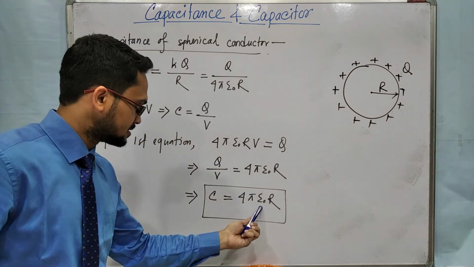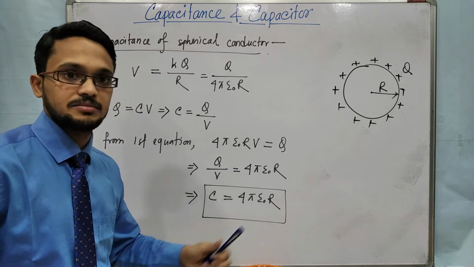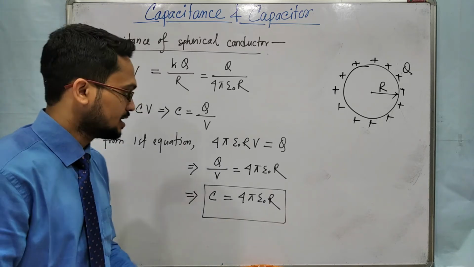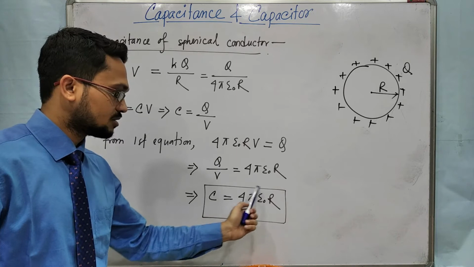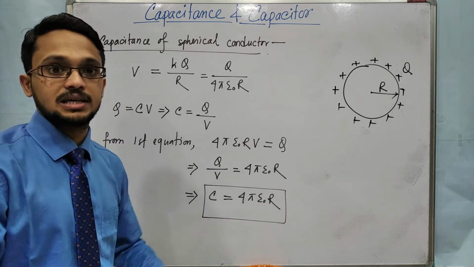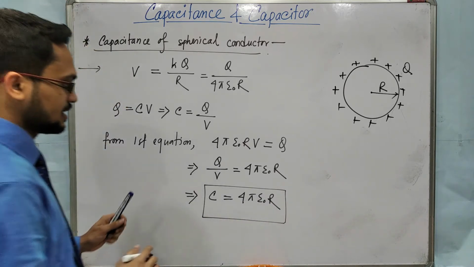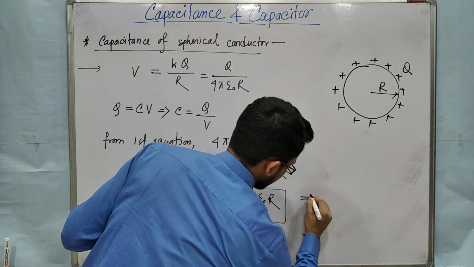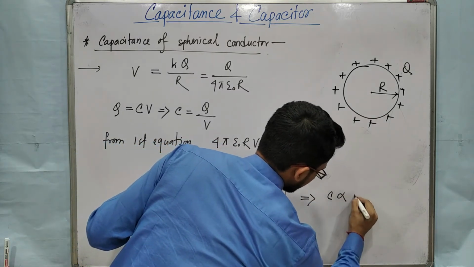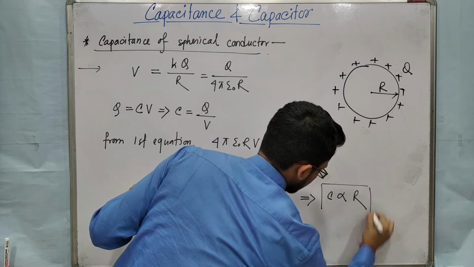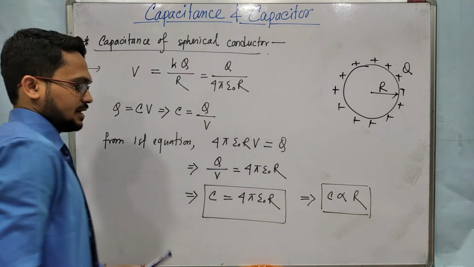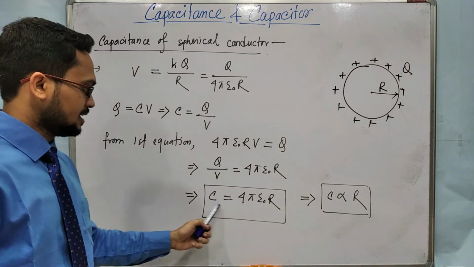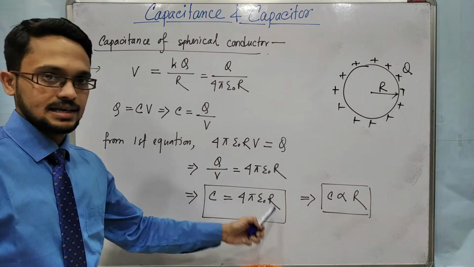Here you can see that epsilon 0 is present. Epsilon 0 means free space permittivity. So C depends on the medium surrounding the conductor. C is directly proportional to the radius of the conductor.